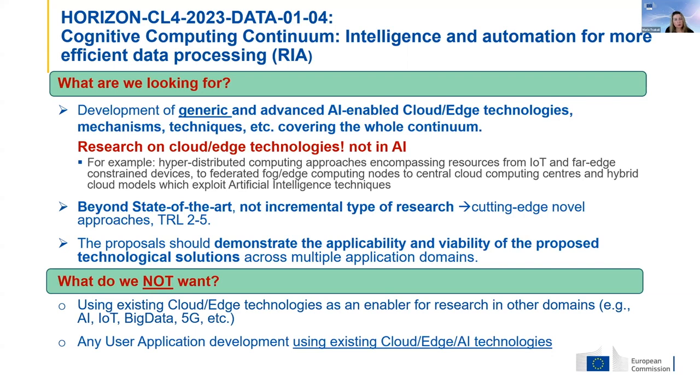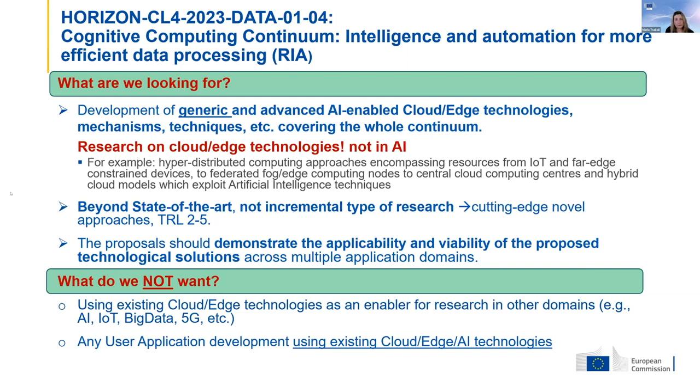Now, what we don't want to see, and probably the proposal will not go through, is to propose, for example, a very good idea on cloud enabling big data or 5G, or using cloud technologies to develop AI technologies. This is not what we want, as I said before, okay? So we want to have completely new cloud technologies enabled by AI.